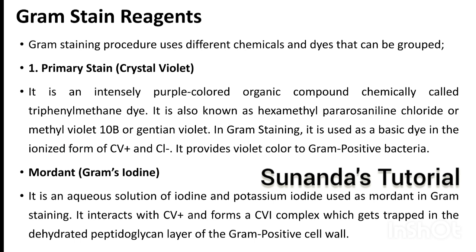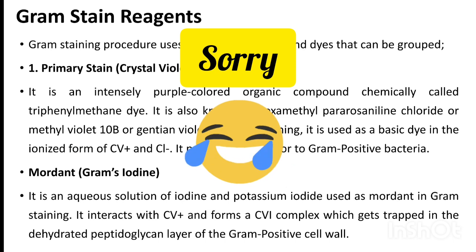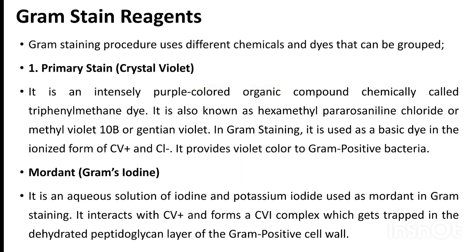It is also known as hexamethyl rosaniline chloride or methyl violet 10B or gentian violet. Okay, in gram staining it is used as a basic dye in the ionized form of CV+ and Cl-. So it will ionize to form CV+ and Cl-.